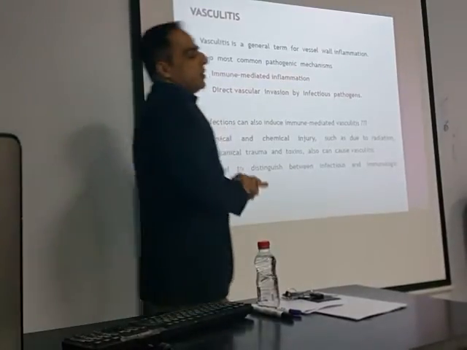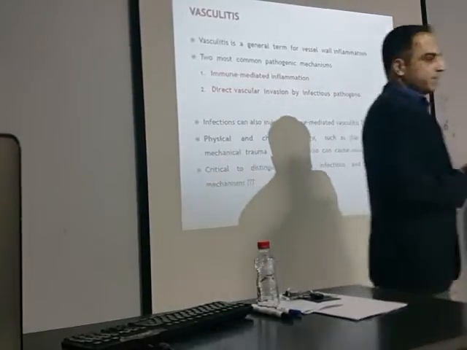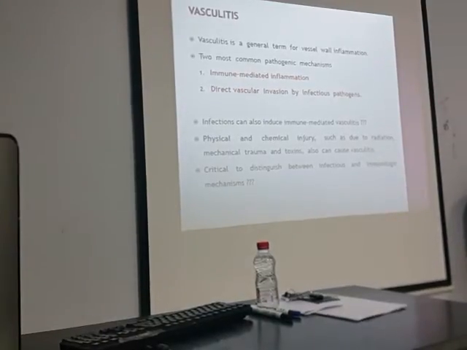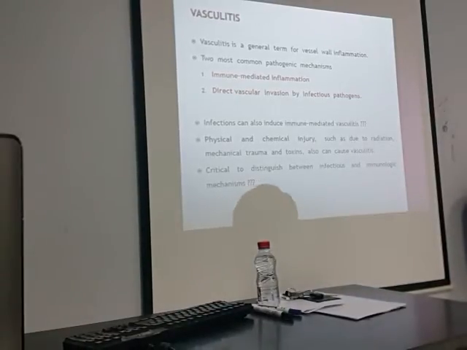How do the vessel walls get inflammation? There are two main mechanisms. One is direct invasion of the vascular wall by infectious pathogens. The bacteria and fungi come and attack the vessel wall directly. Second is by immune mediated mechanisms. It may be antibodies or it may be immune complexes. Okay?